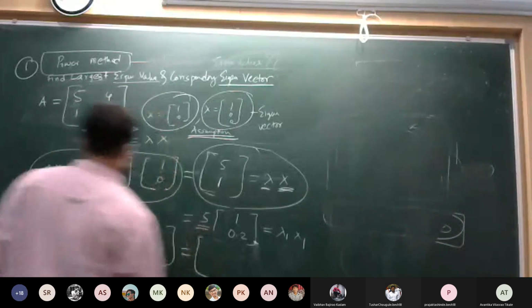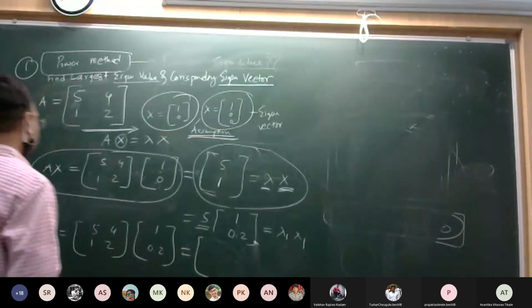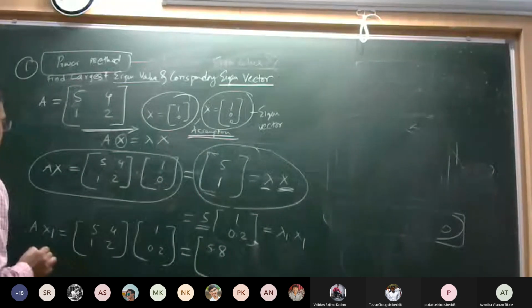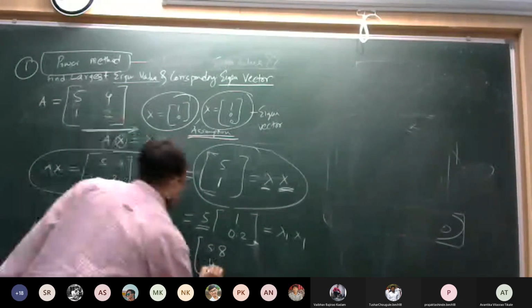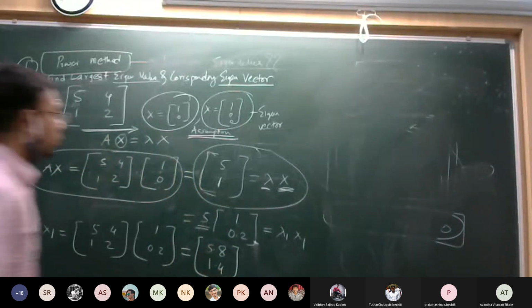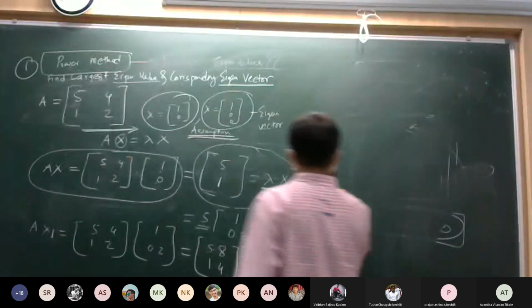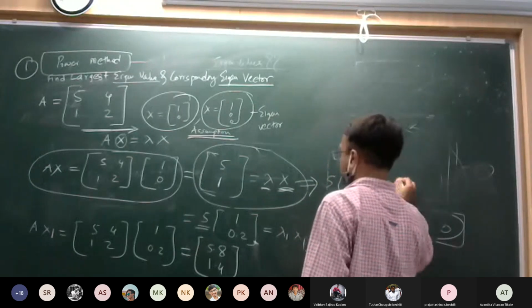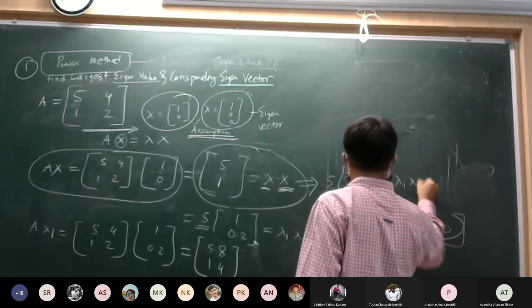So that would be 5 plus 0.4. That would be 5.8, and 5.8 into 1.4. So this is the new value of it. Again we have to draw. So I will write here 5.8, 1.4. New value got, lambda 1 x1.